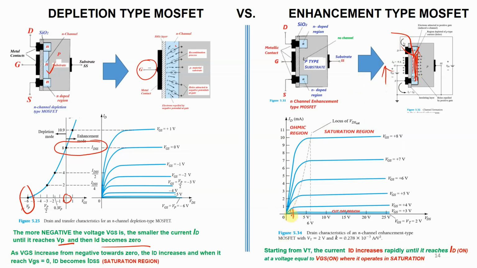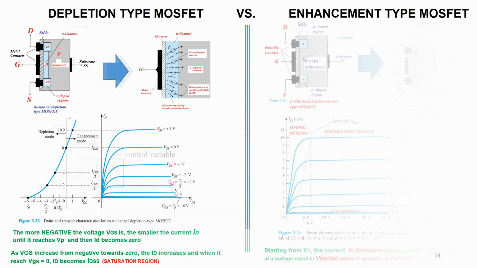It is the voltage where there is a significant increase in the current. This is the threshold voltage. Starting from VT, the current ID increases rapidly until it reaches ID(on). Where is ID(on)? This voltage, VGS(on), where it operates in saturation, right? Okay.